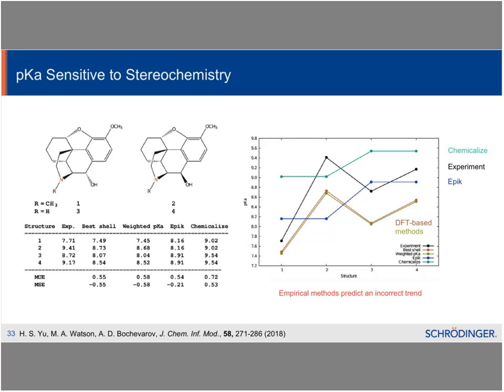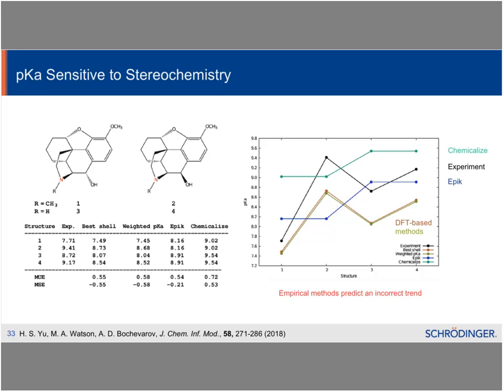So if we look at the experimental pKa's for these molecules and the different DFT-based methods available in Jaguar pKa, and also comparison with 2 empirical programs, Chemicalize and EPIC, you will see that the quantum chemical programs follow the experimental trend, but the empirical programs are actually insensitive to the stereochemistry itself and don't follow the experimental trend.